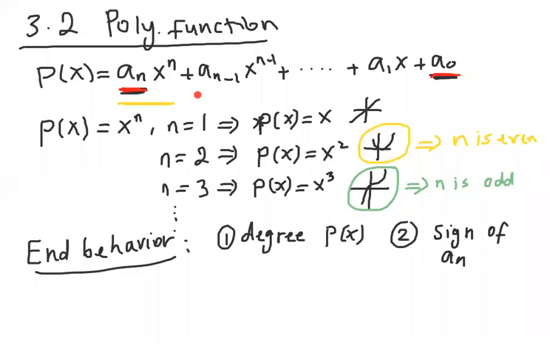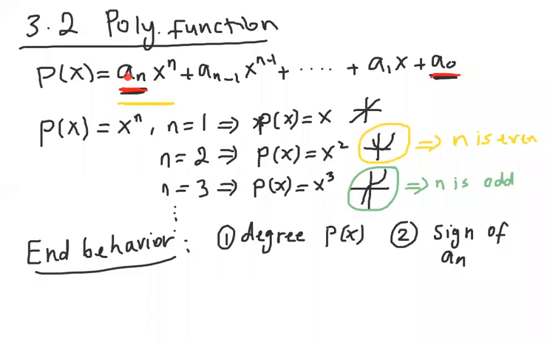What's the degree for this polynomial? If a_n is not equal to 0, the degree will be n. But also it depends on the coefficient a_n, whether it's positive or negative.